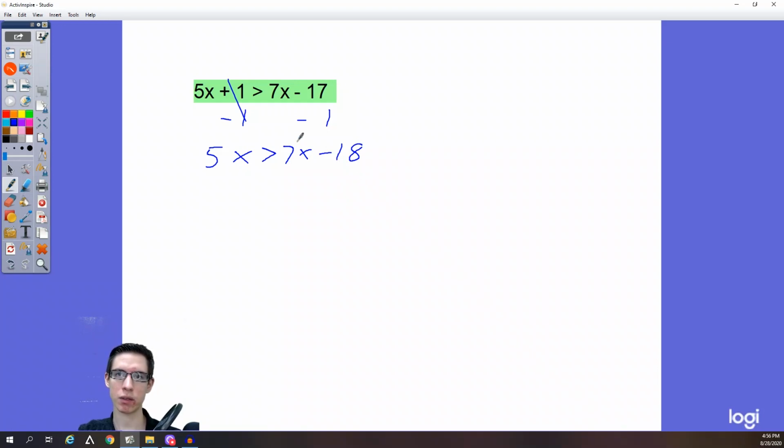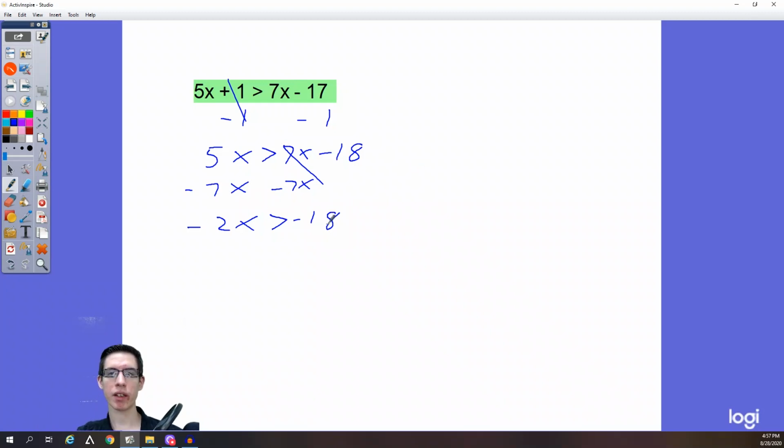Then we need to do opposite of this. This is a positive 7x, so we're going to subtract 7x. 7x minus 7x cancels. 5x minus 7x is going to give us a negative 2x. So negative 2x is larger than negative 18.